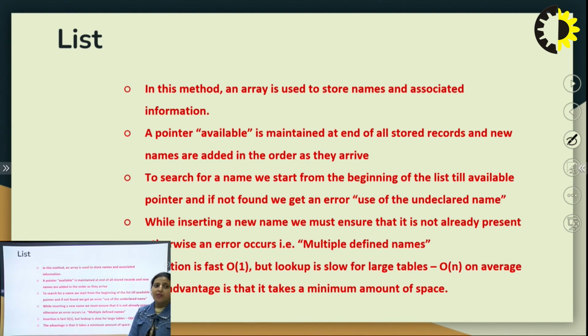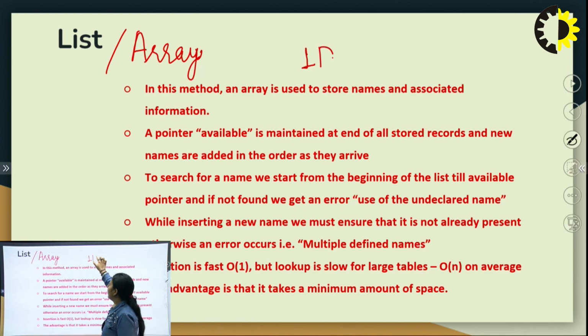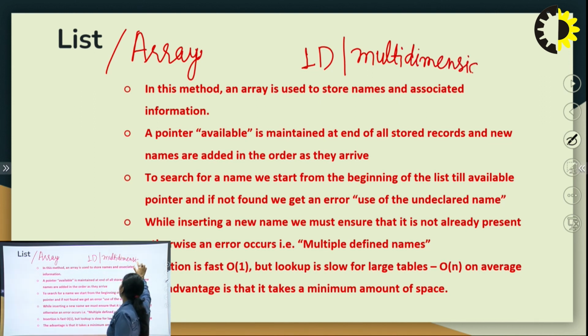So what is this list? Basically, in this method, an array is used to store names and associated information. It is one of the simplest ways to implement the symbol table. Instead of list it can be an array, which can be 1D, one dimensional, or multi-dimensional.